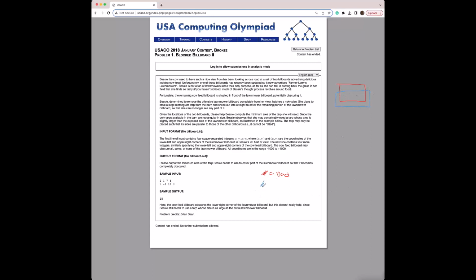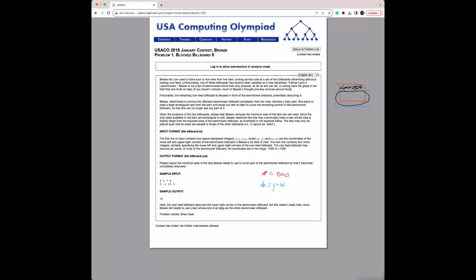So call this the good one. And so in this case, we would need this much tarp to cover the billboard that Bessie does not want to look at, as this area right here is covered by the good billboard. And so the problem is just we're trying to find the minimal area of tarp needed.